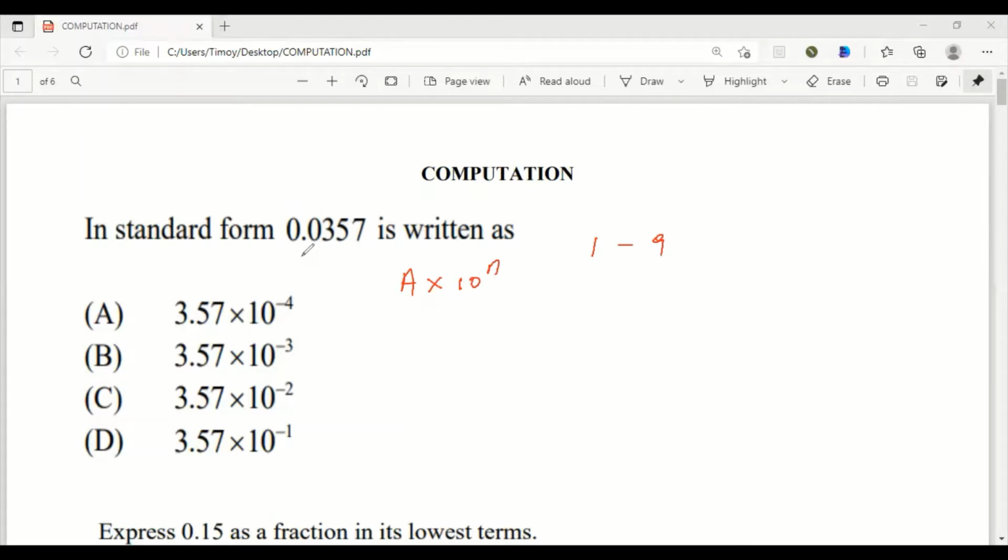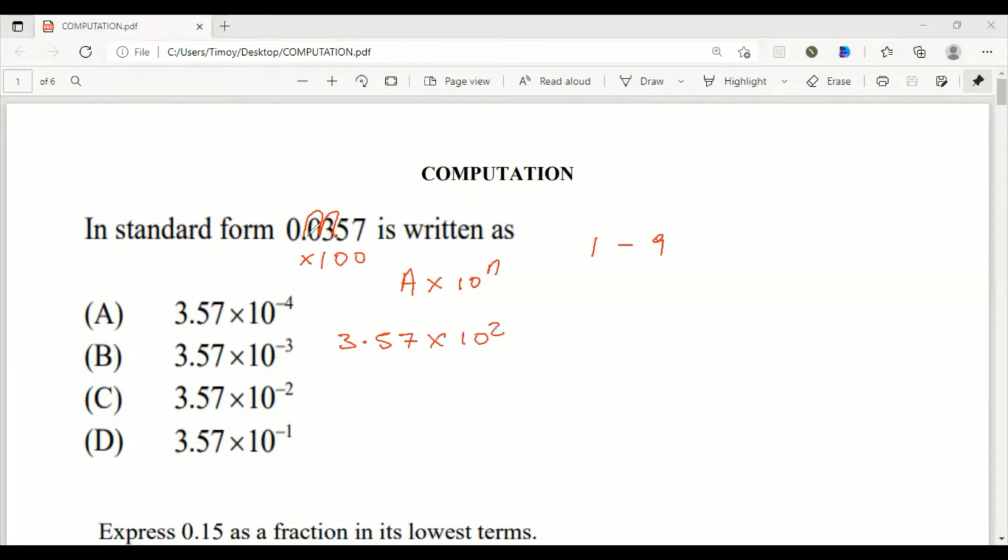So if we multiply this by 100, it will move the decimal point 2 places to the left, right? So when you move it 2 places, the decimal point will now be between 3 and 5. So you know that our answer is going to be 3.57 multiplied by 10 to some power.